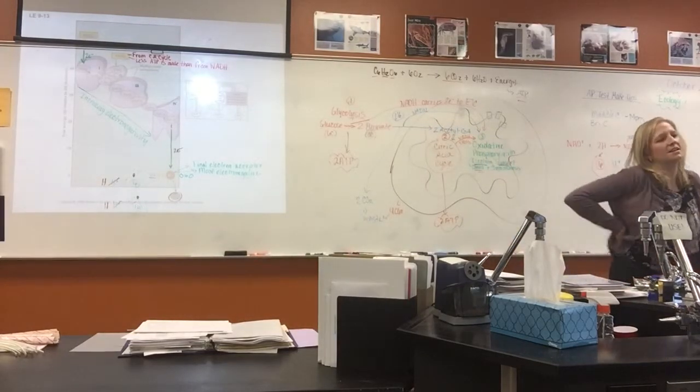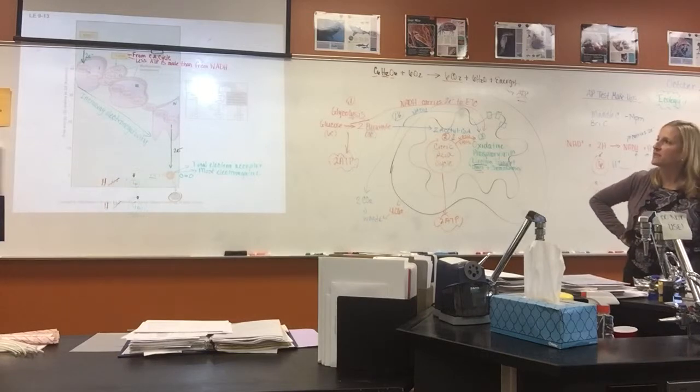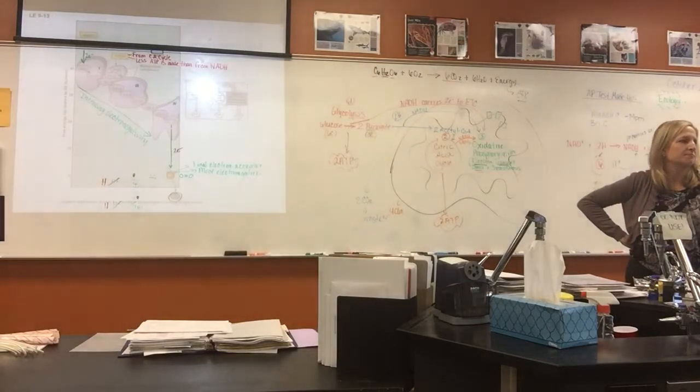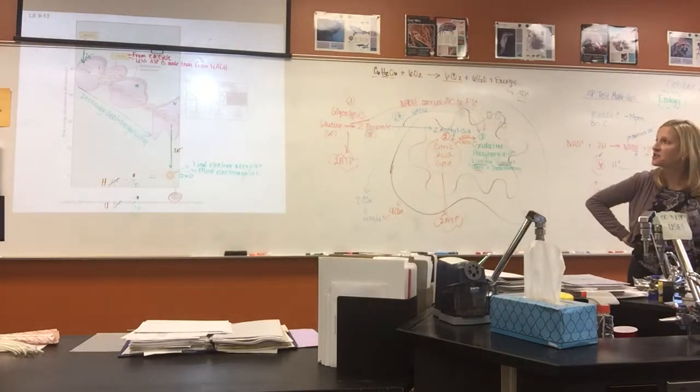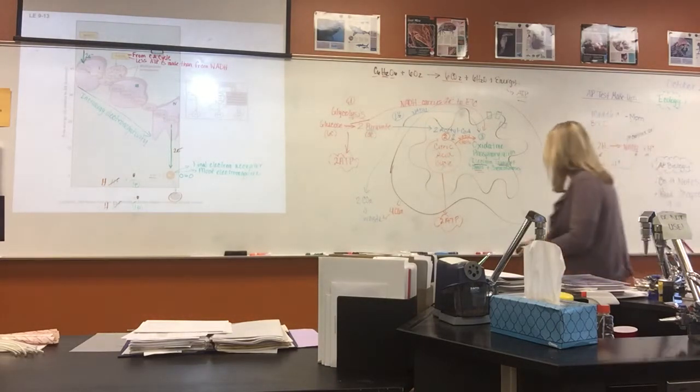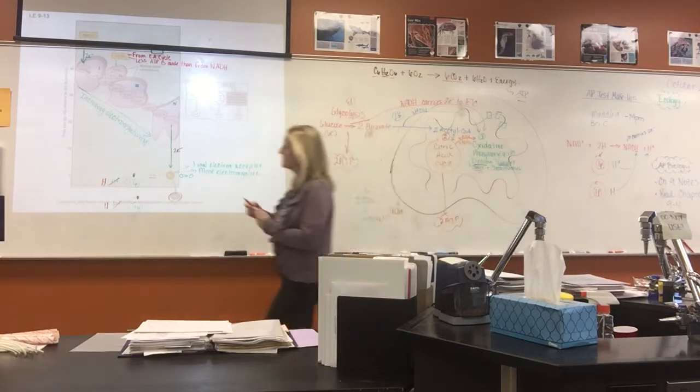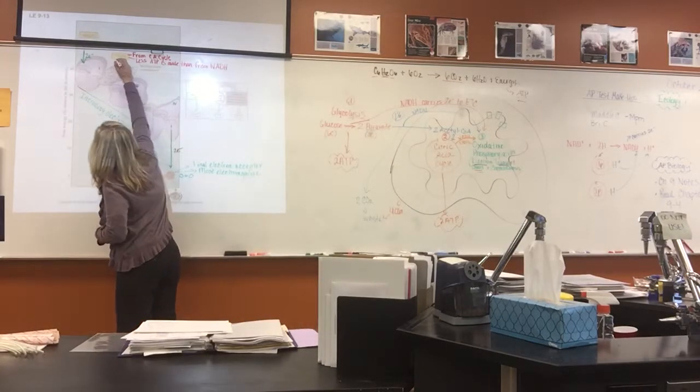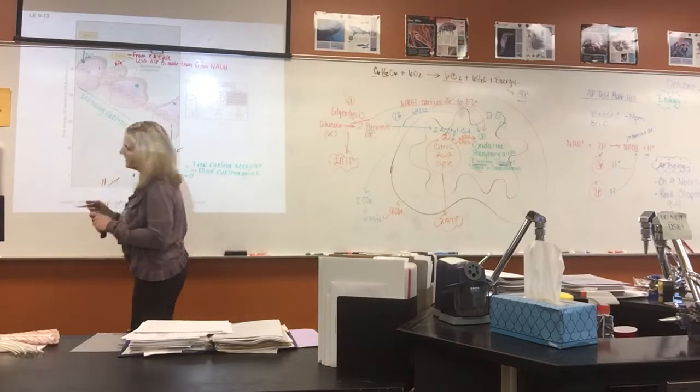Why do you think less ATP is made from FADH2 versus NADH? It has two hydrogens, so when we go to this arrow down here, it's also dropping off two electrons, just like NADH.